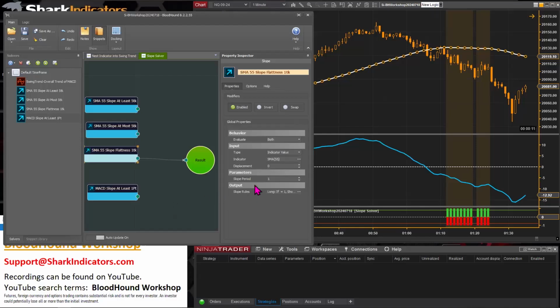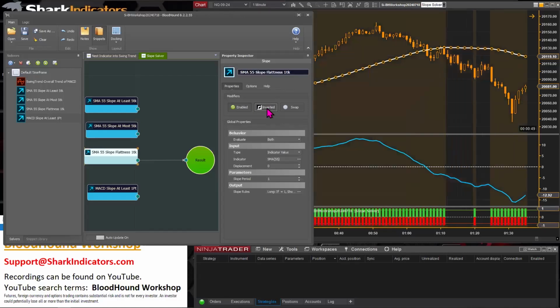So really the slope period is the only thing in there. The modifiers here are common to all solvers, but we'll run through these real quickly. We could invert this.